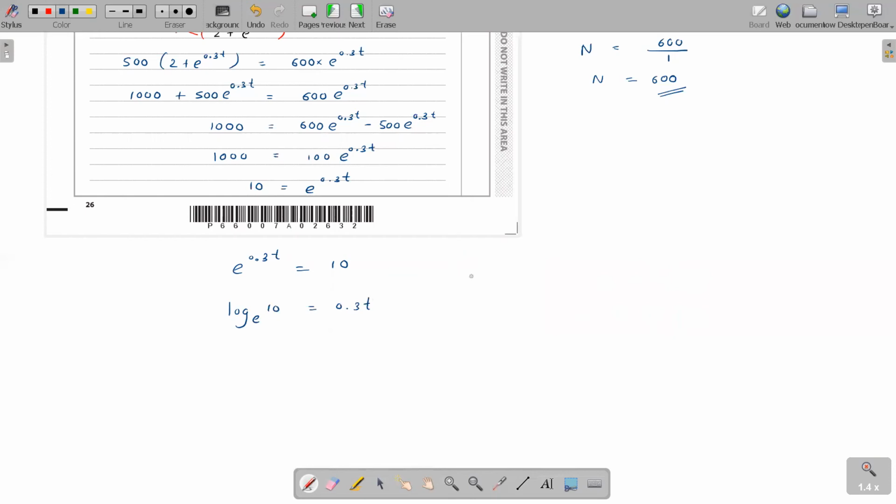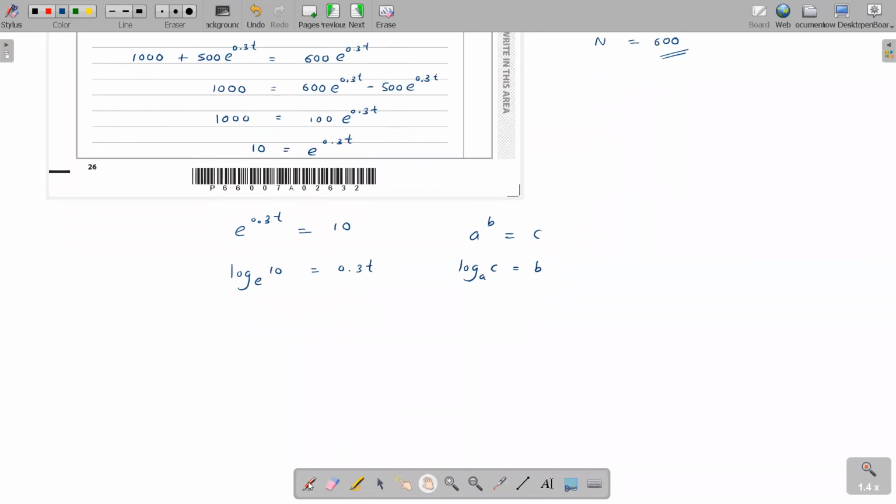This is what you would get, right? A to the power b equals c gives you log base a of c equals b. This is P2, right? I just did the same rearrangement here. e becomes the base, 10 comes over here, the power becomes your answer. So log base e is ln, and this is 10. ln 10 equals 0.3t. So ln 10 divided by 0.3 equals your time.